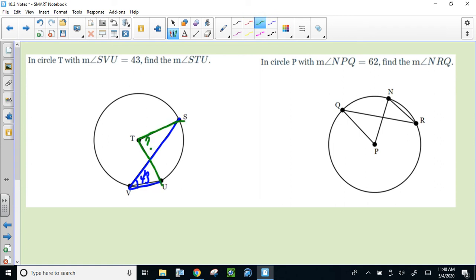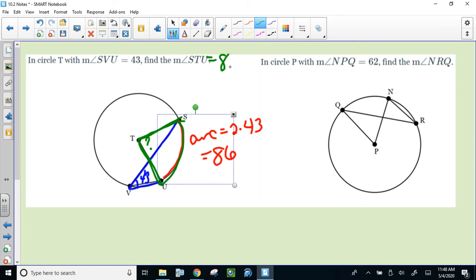So that's what we're trying to figure out. So since the angle is 43, the arc has to be twice that. So the arc would have to be 86 degrees. And then our central angle is going to just equal the arc. So angle STU would also have to be 86 degrees.